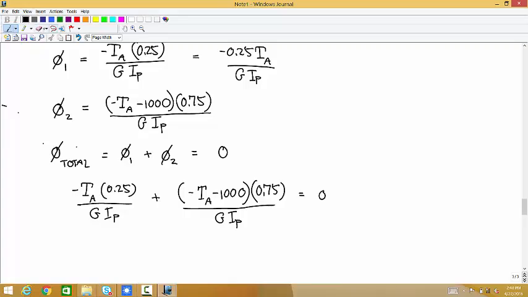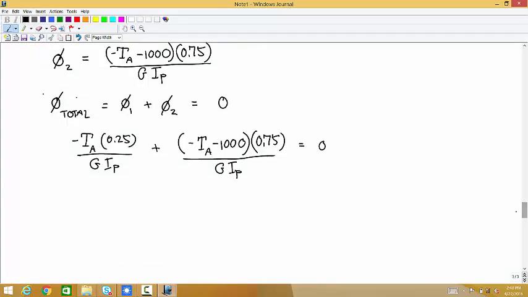You can multiply both sides by the denominator. And you get negative TA times 0.25 plus negative TA times 0.75 minus 750 is equal to 0.